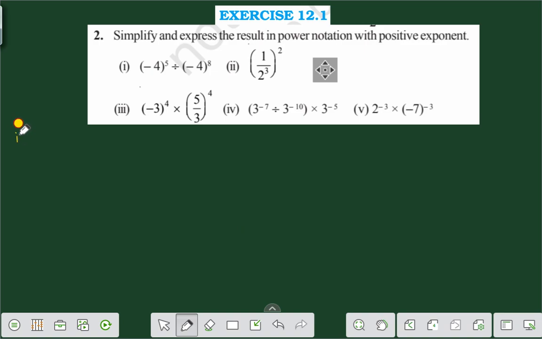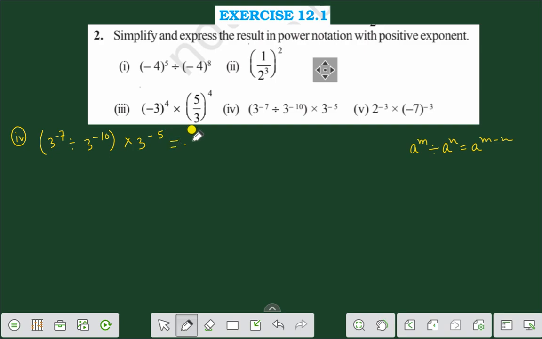Question number 4 is given as (-3)^(-7) divided by 3^(-10) into 3^(-5), right? Here you use the formula a^m divided by a^n is equal to a^(m-n). We use this formula.